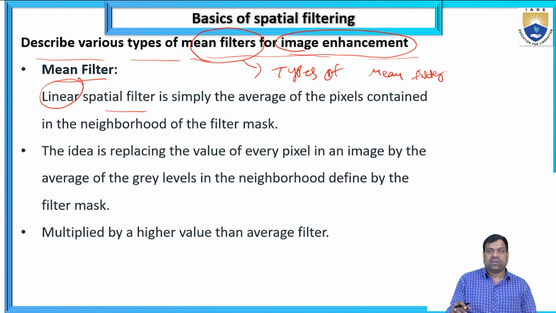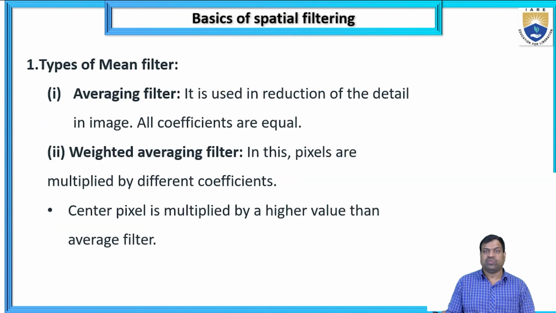But here, the mean filter is nothing but a linear spatial filter, simply the average pixel content of the neighborhood of the filter mask.